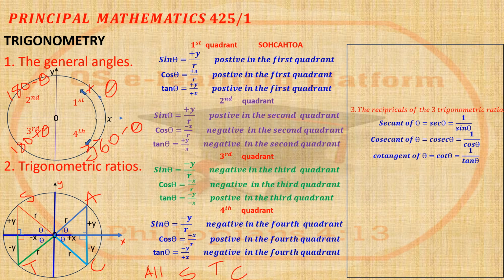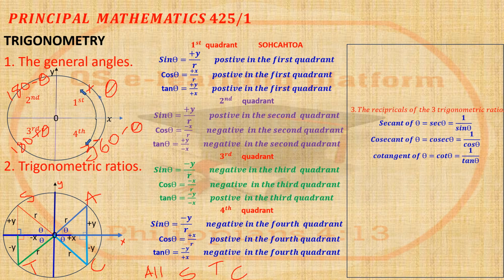So 1 divided by positive sine theta does not change anything. A positive divided by a positive remains a positive. A positive divided by a negative remains a negative. That's why cosec remains negative in the third quadrant and also the fourth quadrant, because in those quadrants sine is negative.